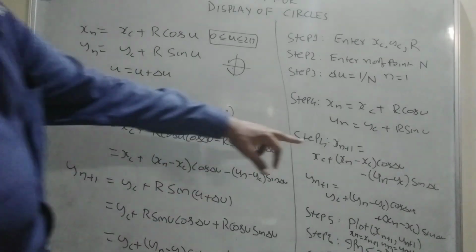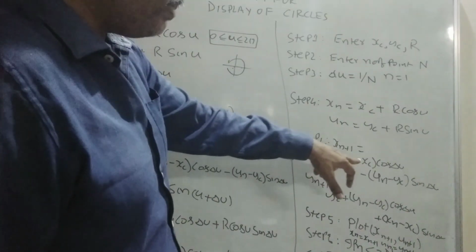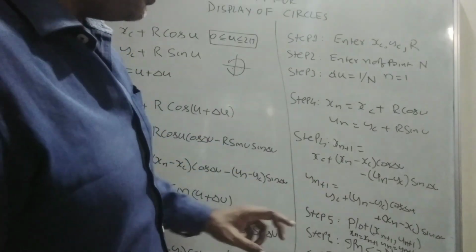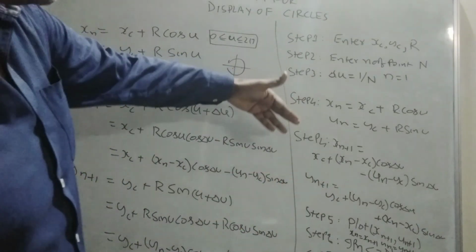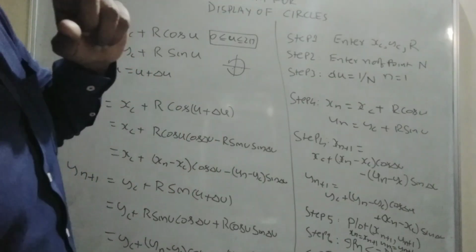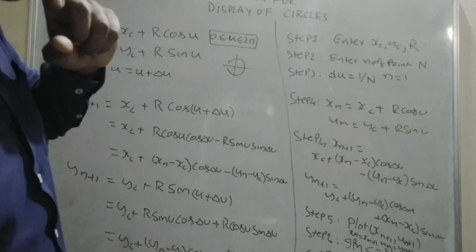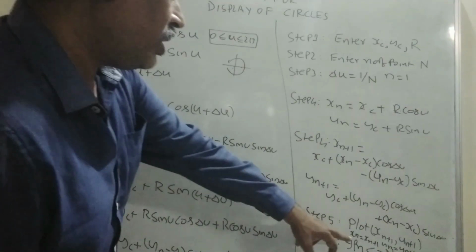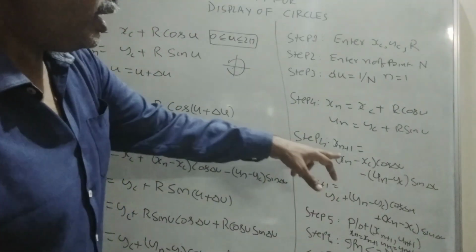Here xn plus 1 is equal to xc plus (xn minus xc) into cos delta u, and so on. When you go back, yn is equal to yn plus 1, you have to go to step 4. That's all. After calculations, you go to step 4 and repeatedly you can plot the graph.